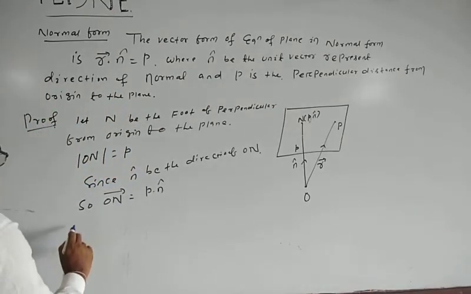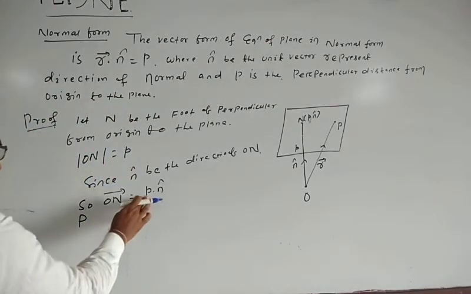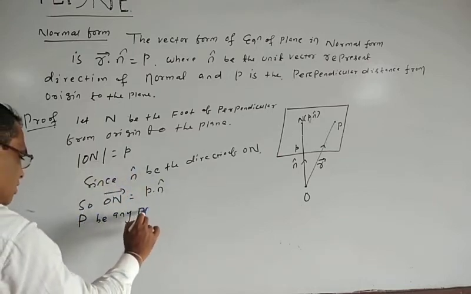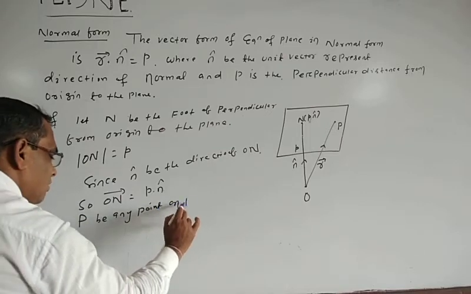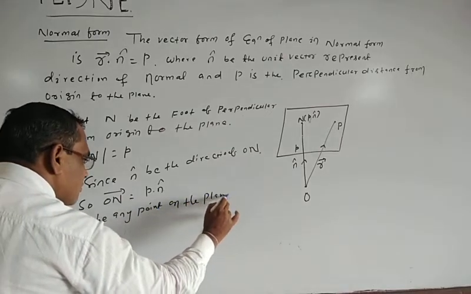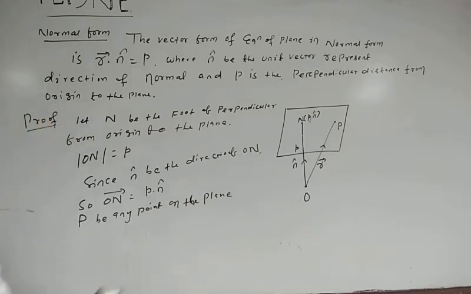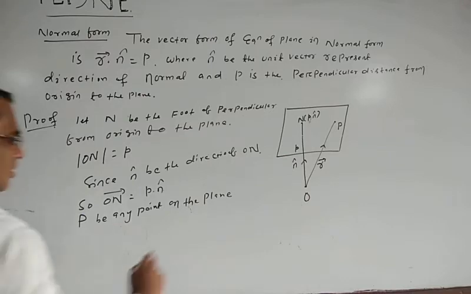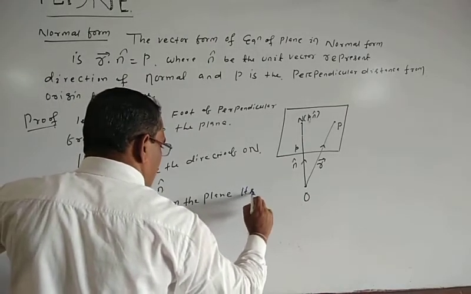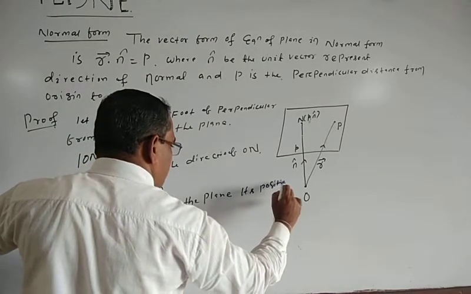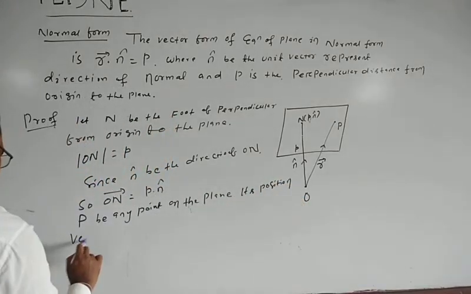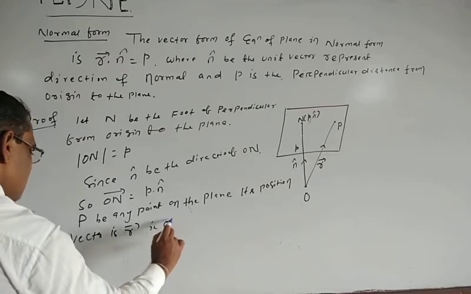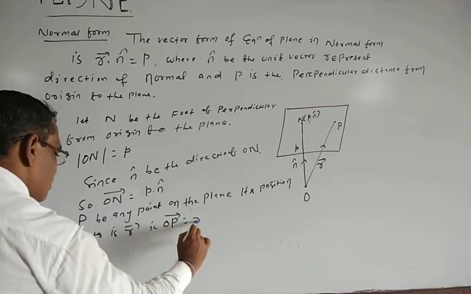Capital P is any point on the plane, and its position vector is r vector, that is OP vector is equal to r vector.